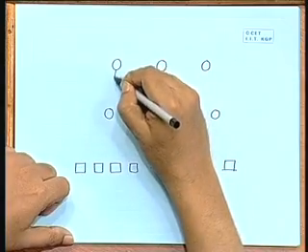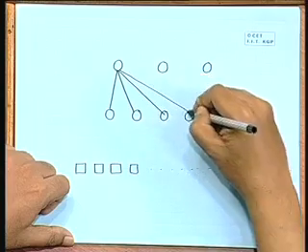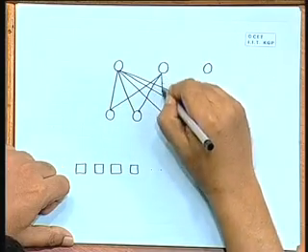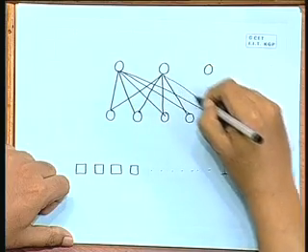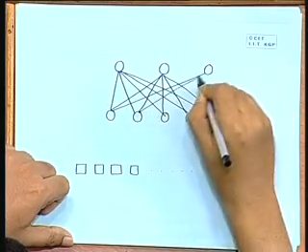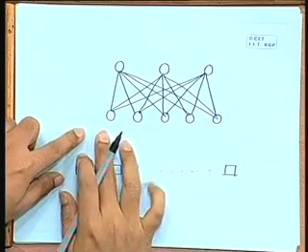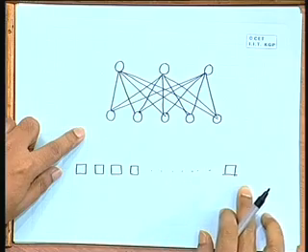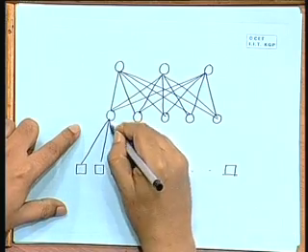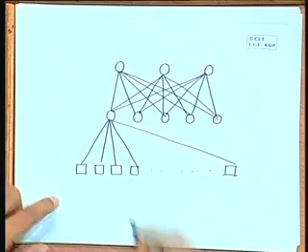Which means that this unit is going to be connected to all of these, likewise this is going to be connected to all of these, right, and similarly for this. And we will have a similar connection between this layer and these, right.